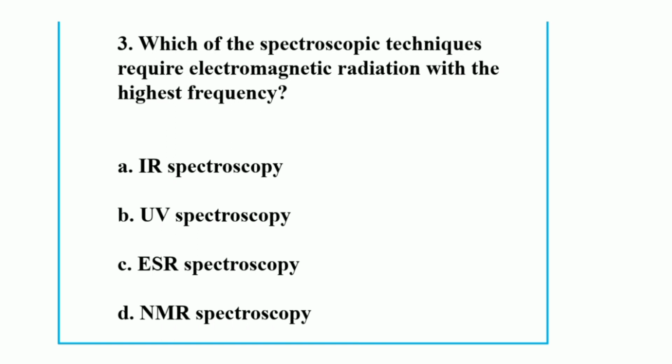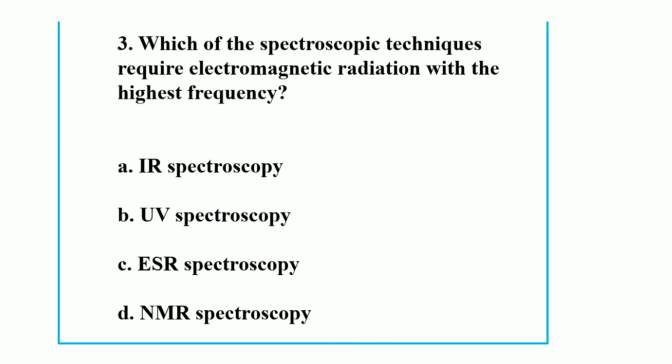High energy radiation is used in UV spectroscopy because ultraviolet light corresponds to higher energy levels compared to visible or infrared light. When UV light interacts with a molecule, it can promote an electron from a lower energy orbital to a higher energy orbital, creating an excited state.